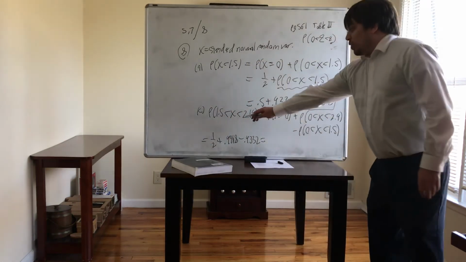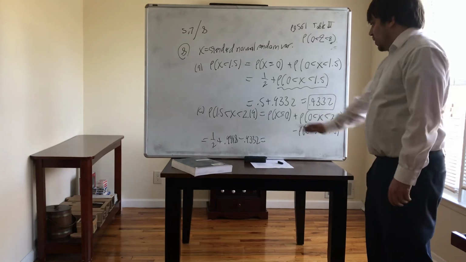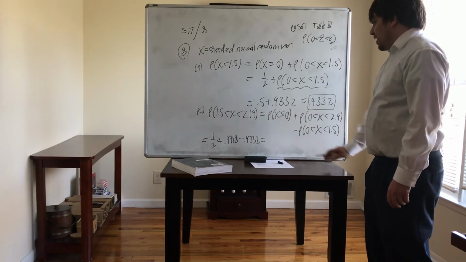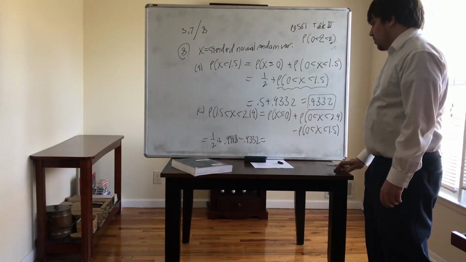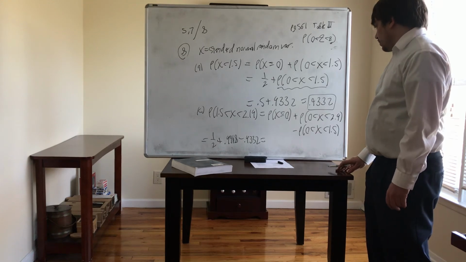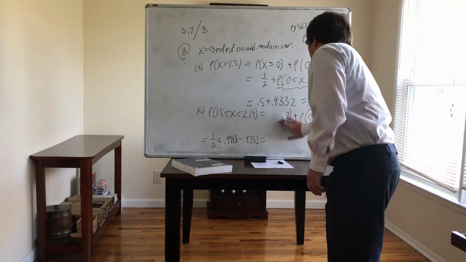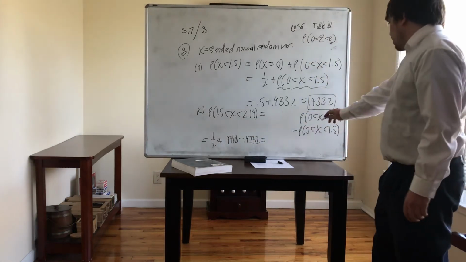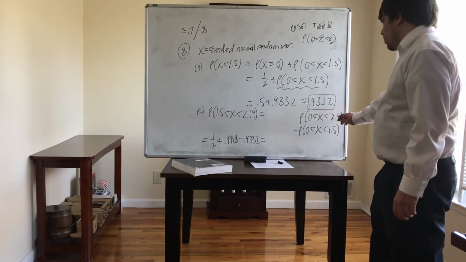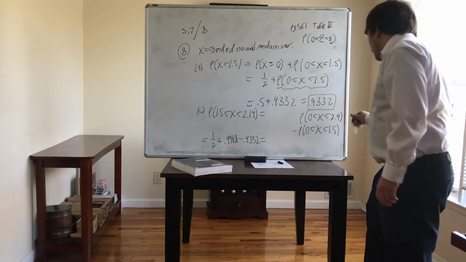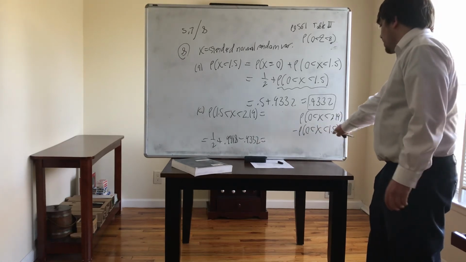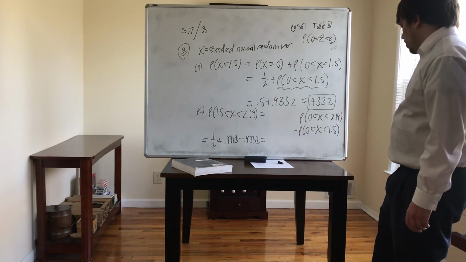Right? So in order to be strictly between 1.5 and 2.14, sorry, it's just the probability it's between 0 and 2.14, and it's not between 0 and 1.5.